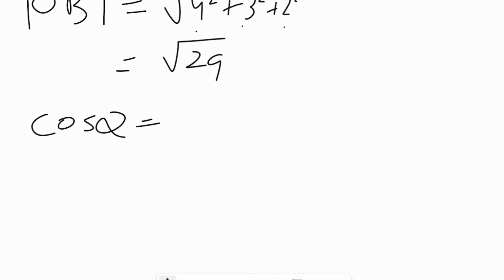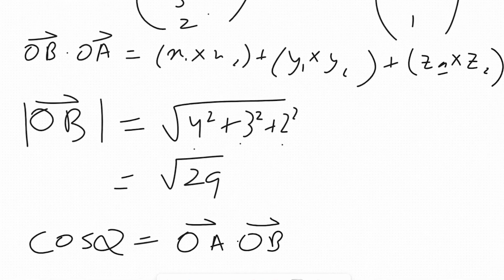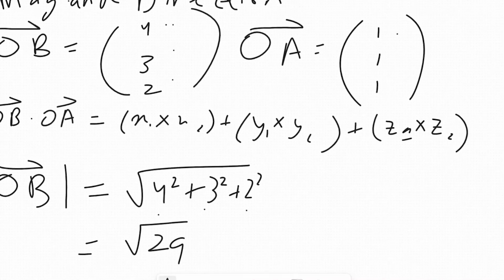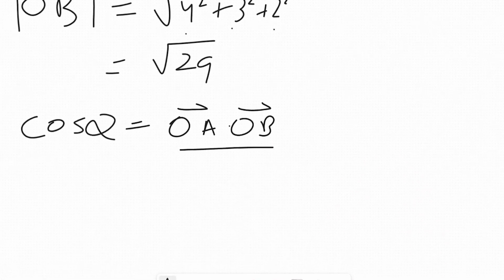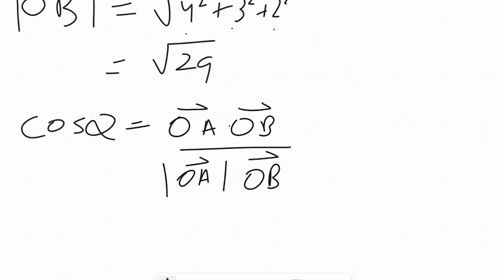So it would be OA times OB, that is the scalar product we just calculated, over the magnitude of OA multiplied by the magnitude of OB.